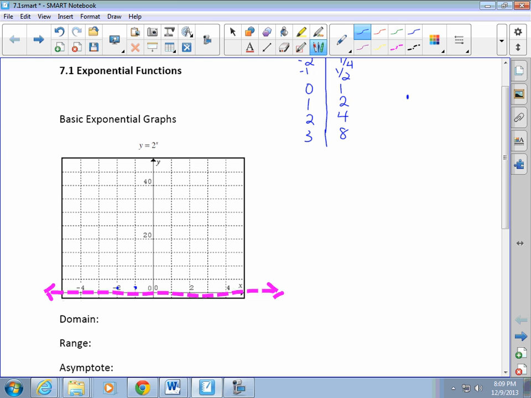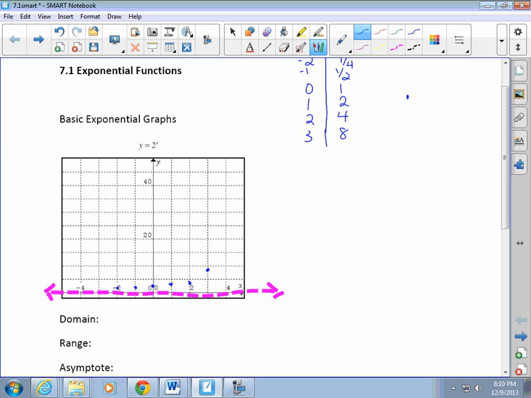At power of 0, it was at 1. At power of 1, it was at 2. At 2, it was at 4. At 3, then, it was up at 8, so about there.